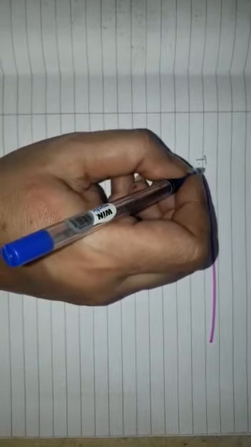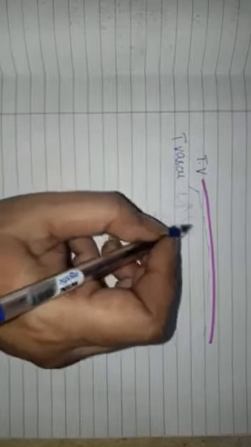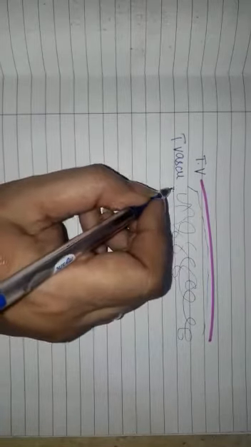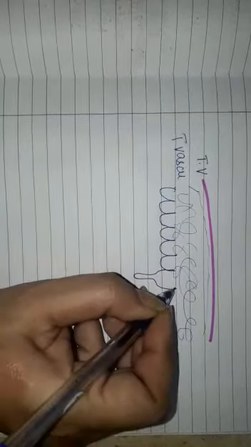Now this is testis, the first layer tunica vaginalis, the middle layer tunica vasculosa, the innermost layer tunica albuginea, and then there is germinal epithelium, where a few cells are large.